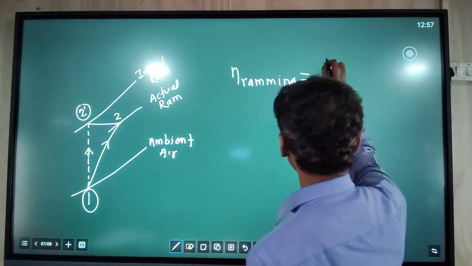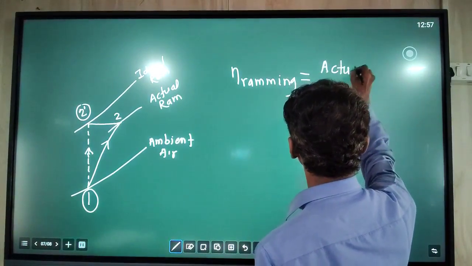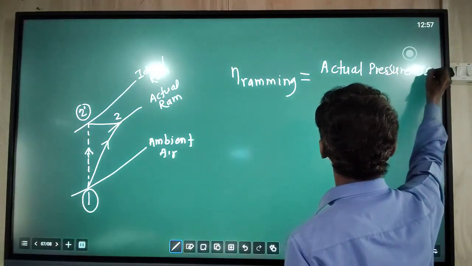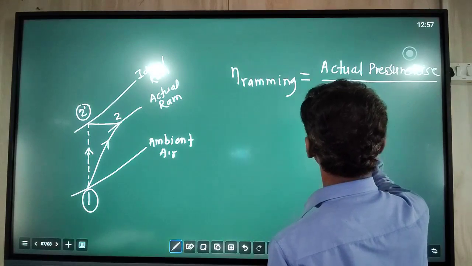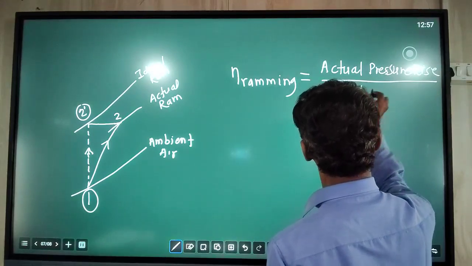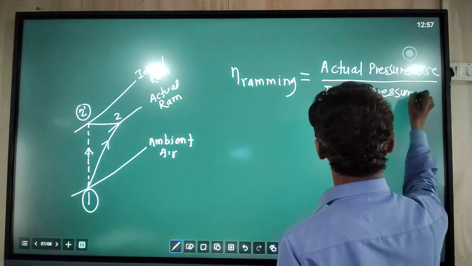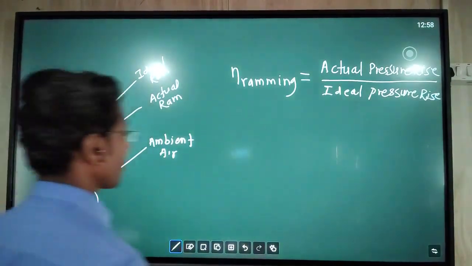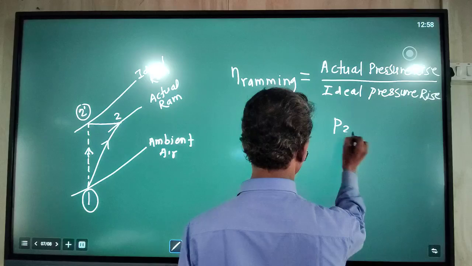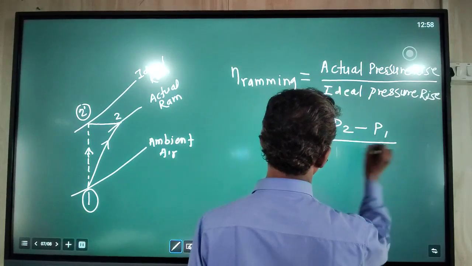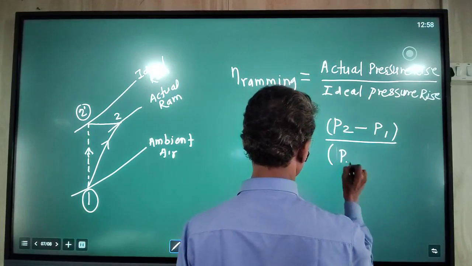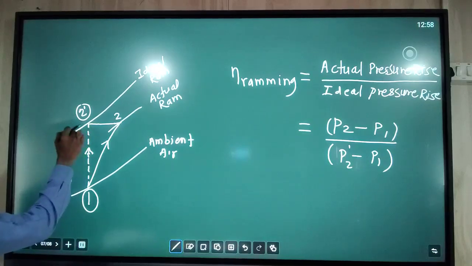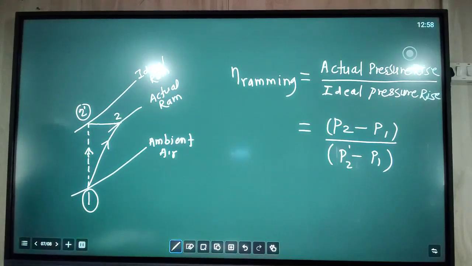It is the ratio of actual pressure rise to ideal pressure rise. Here actual pressure rise means P2 minus P1, divided by P2 dash minus P1, that is the ideal pressure of the air at the exit of ramming or diffuser.